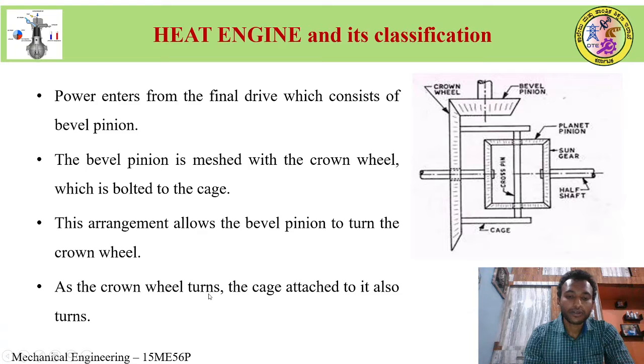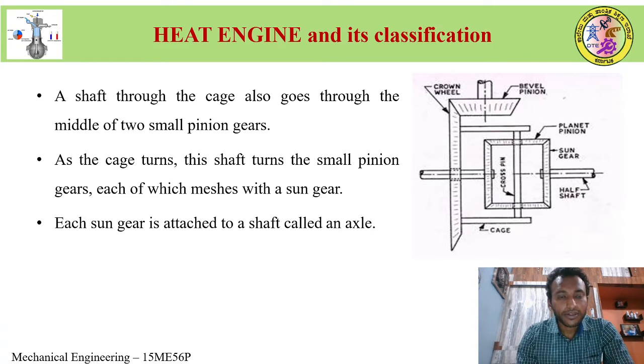As the crown wheel turns, the cage, which we have bolted to it, also rotates. The shaft through the cage also goes through the middle of the two small pinion gears.